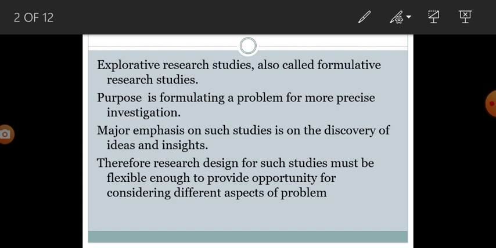Therefore, research design for such studies must be flexible enough to provide opportunity for considering different aspects of the problem. There are different aspects in a problem, and all these aspects must be considered while designing a research design for explorative studies.